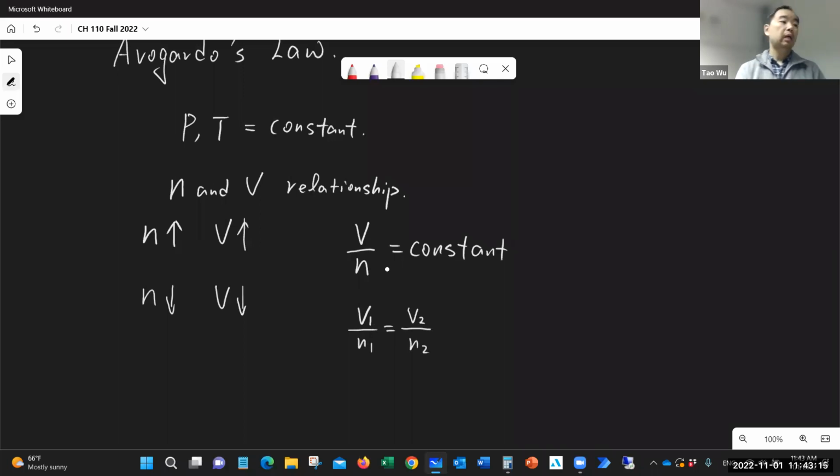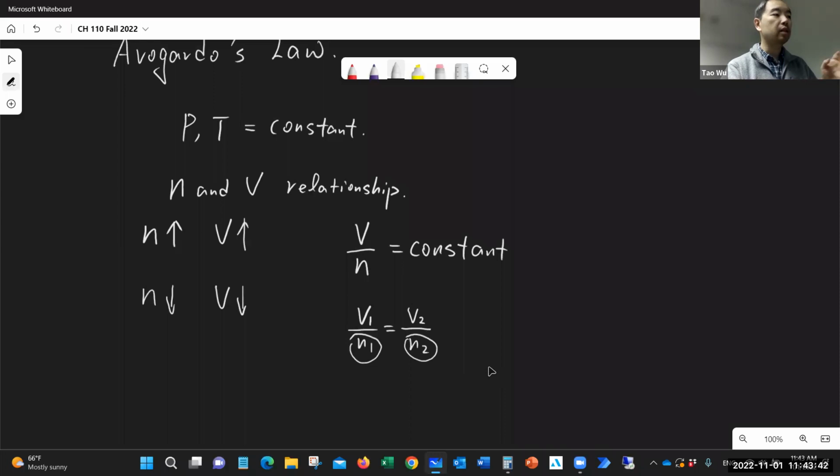If you see, this is the only one that changes the moles of gas. For the previous four gas laws, the moles of gas are all constant, but Avogadro's is the only gas law that changes the moles of gas. That makes sense, right?